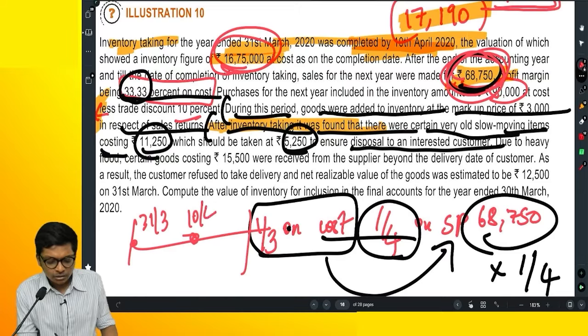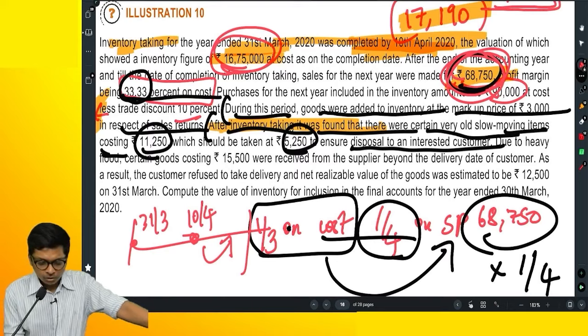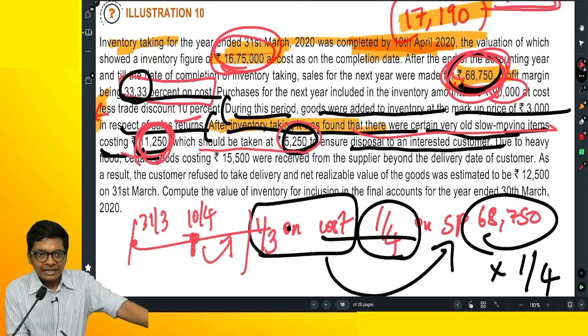This is after 10th April. They are saying it was found that certain very slow moving stock costing 11,250 should be taken at 5,250. That means my inventory includes goods worth 11,250, which I have to write off now.